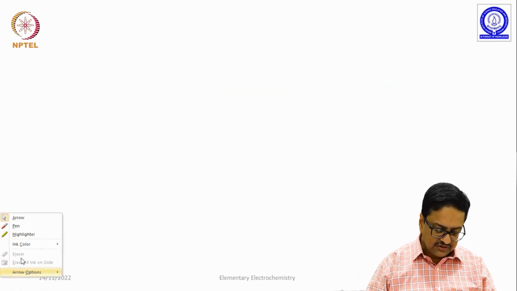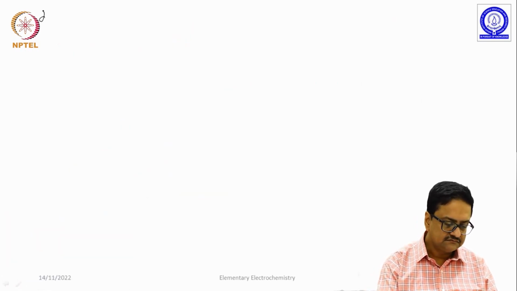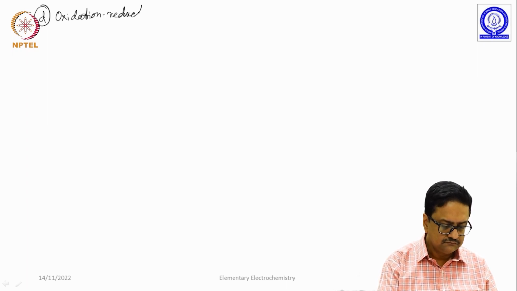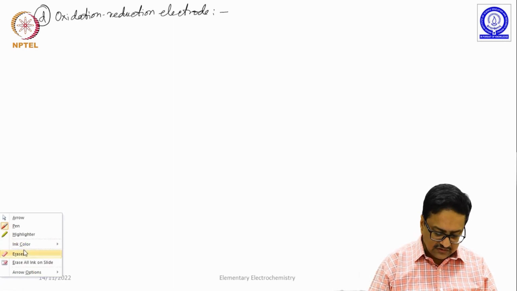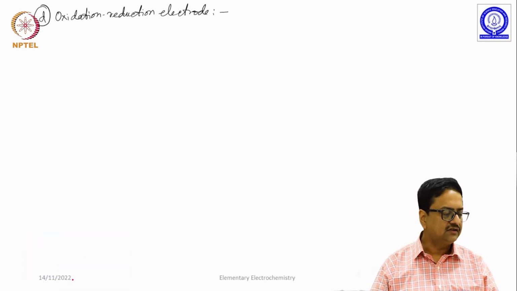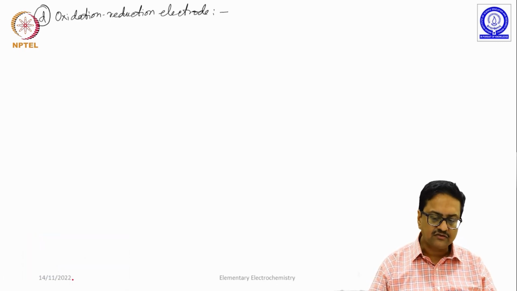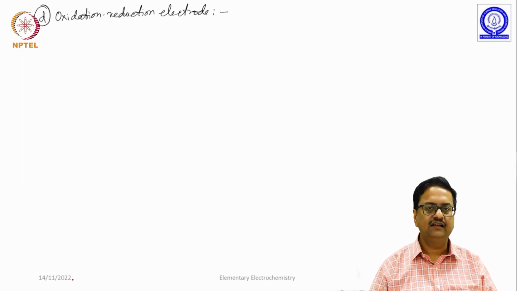The next type of half cell is the oxidation reduction electrode. Here you may ask one question, why suddenly is this electrode called just the oxidation reduction electrode, whereas all the previous reactions involved oxidation and reduction.